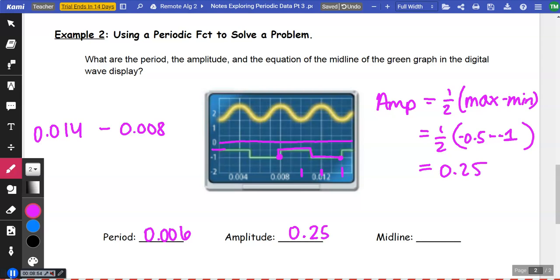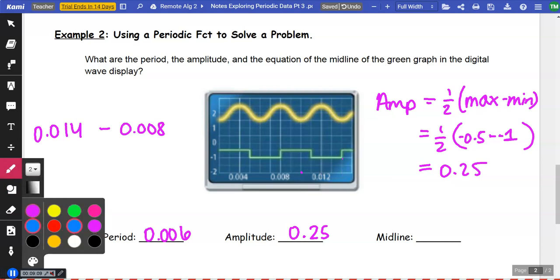So we need to start at our maximum and go down 0.25, and then start at our minimum and go up 0.25 to find our midline. I'm just going to erase this stuff for a minute. To find my midline, let's use yellow. We're going to start at our maximum and go down 0.25.